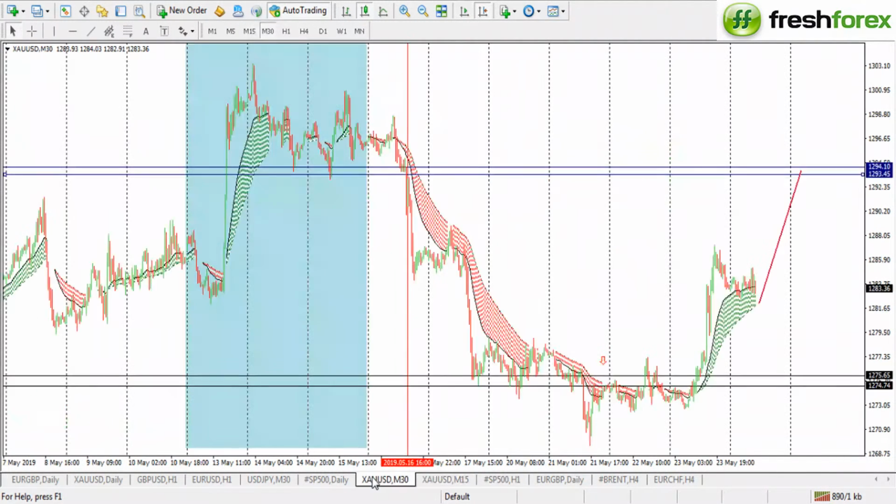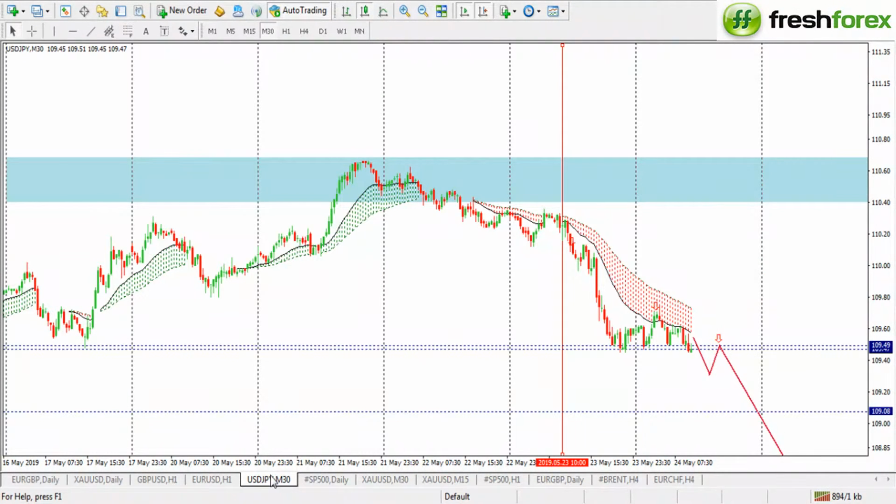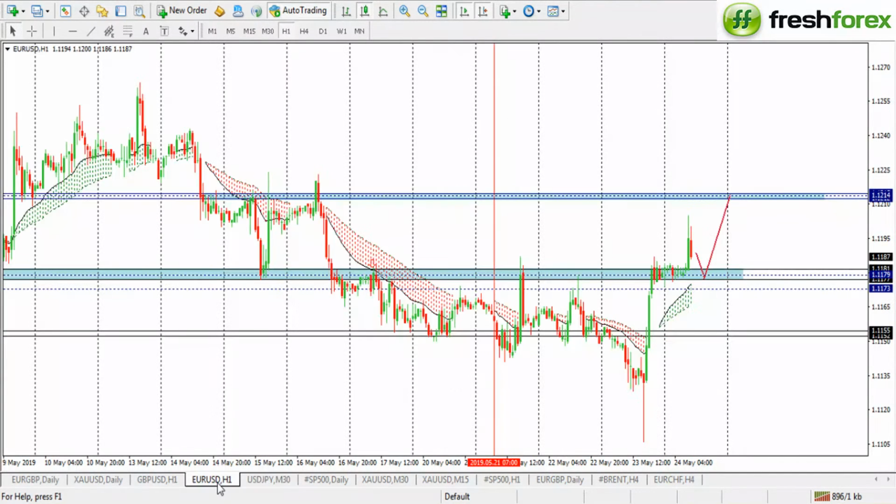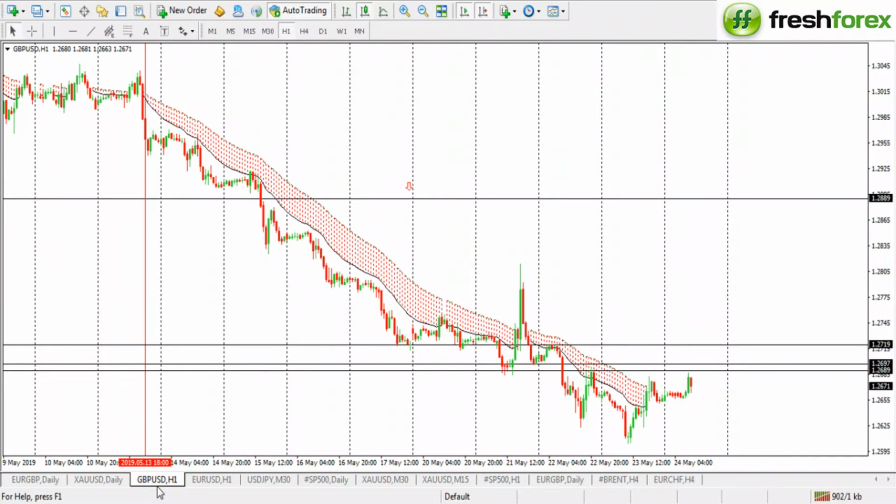Then on gold we are looking for a buy. USD JPY we are looking for a sell if price can pull back below this level. Euro USD we are looking for a buy, wait for a retracement up to this level so that you can pick a buy. Then GBP USD there is nothing, but waiting for a sell from this level.